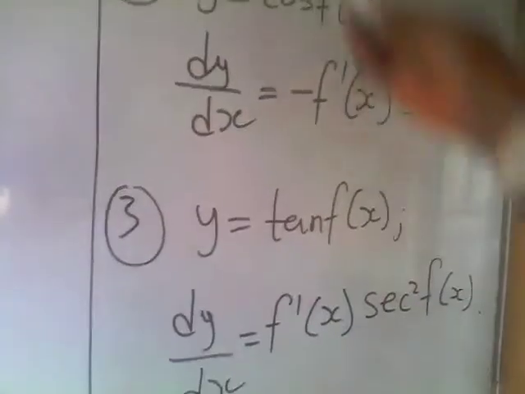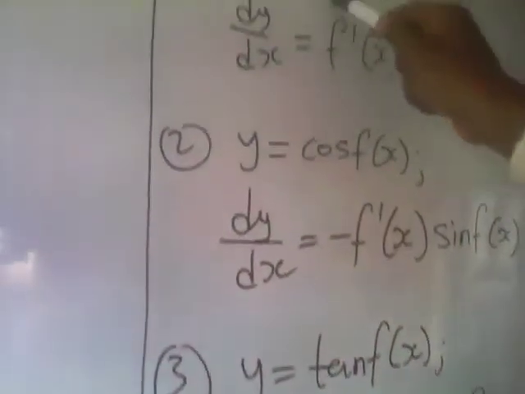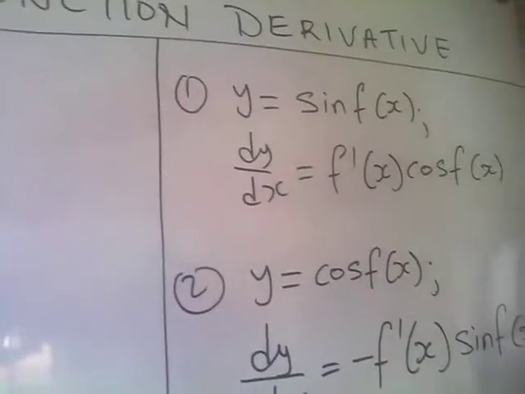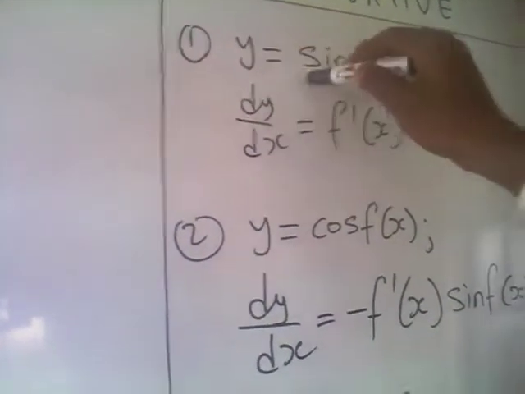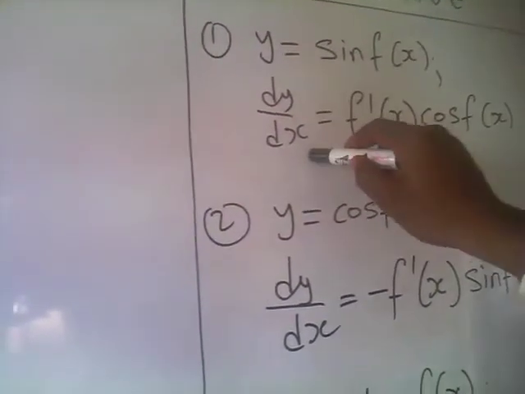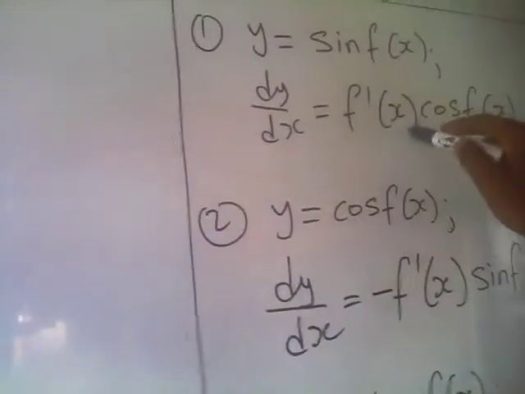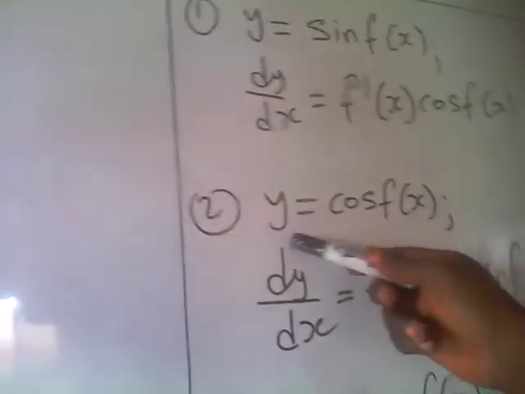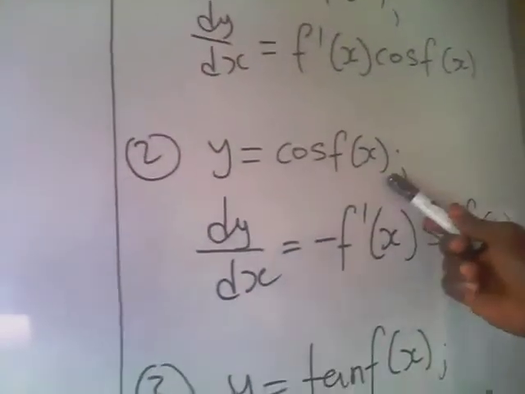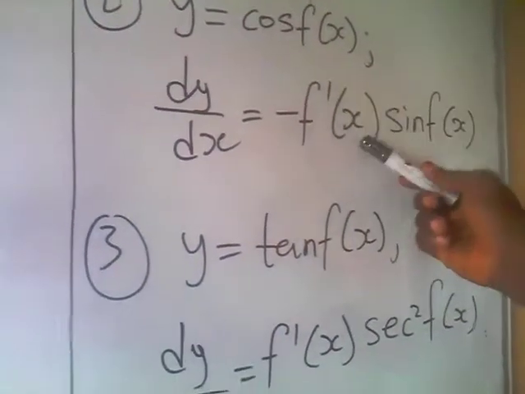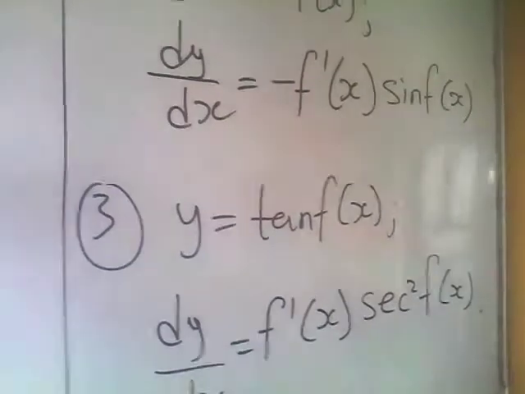If y is sine f of x, then dy/dx is going to be equal to f prime of x cos f of x. Also, if y is equal to cos f of x, then dy/dx will be equal to minus f prime of x sine f of x.